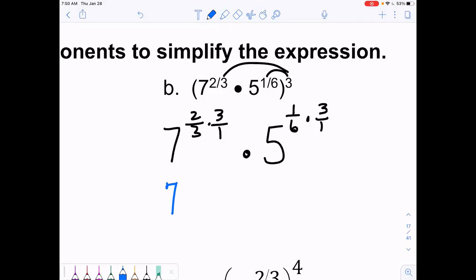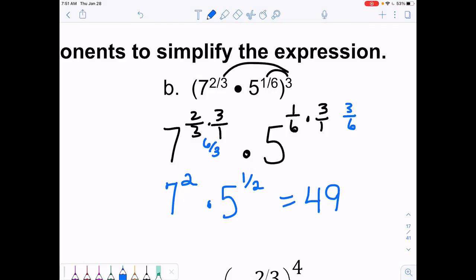Yeah, and 6/3 is? How about 2? I'll help you out. Yeah. So 6/3 becomes 2. And then Cody, the other one, 1/6 times 3 is 3/6. And 3/6 is 1/2. So we have 7 squared, which we know is 49.